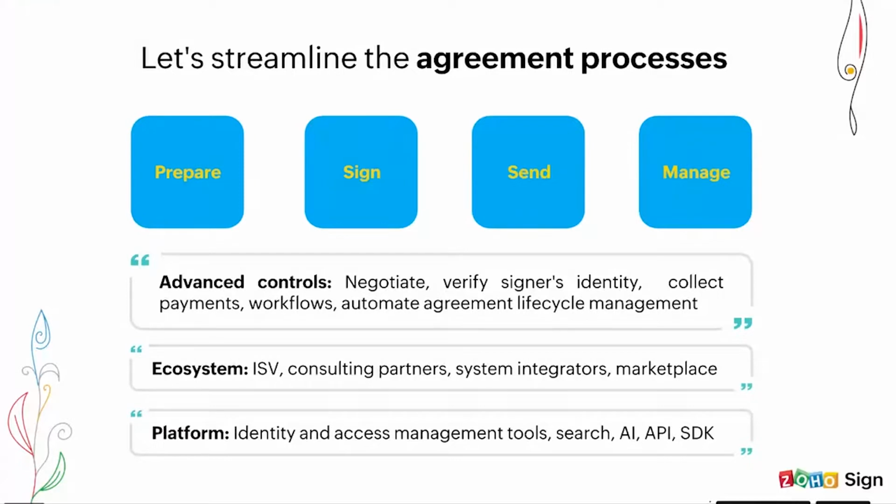We don't just stop at the four stages: drafting, signing, sending, and managing your agreements. We also help you with a tightly integrated suite which talks to each other, and it also offers you the ability to negotiate agreements, verify who is signing the document with signer's identity verification, and collect payments from them when you are executing an agreement like real estate or whatever process it be.